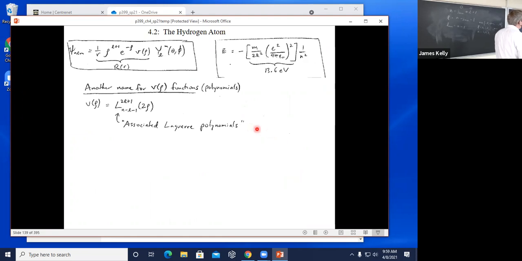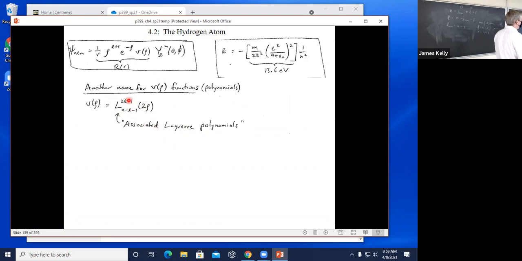Now, these v of rho functions, again, are just polynomials. They're infinite power series where we caused it to terminate at a finite level, so that means they're polynomials. The generic name for them is the associated Laguerre polynomials. I don't know the origin behind this horrendous set of indices, but in terms of our N and L, the way they are usually denoted is with the subscript N minus L minus 1 and a superscript 2L plus 1.